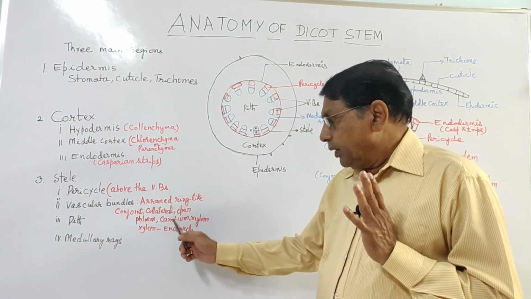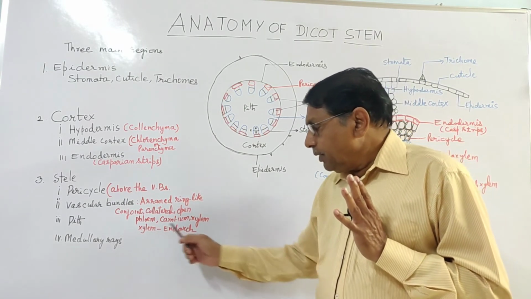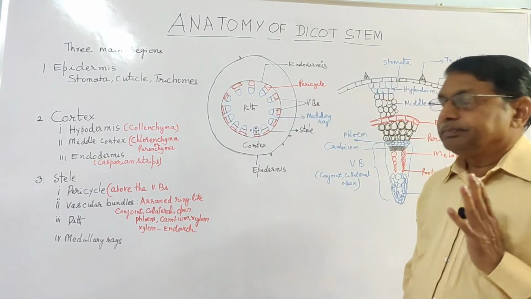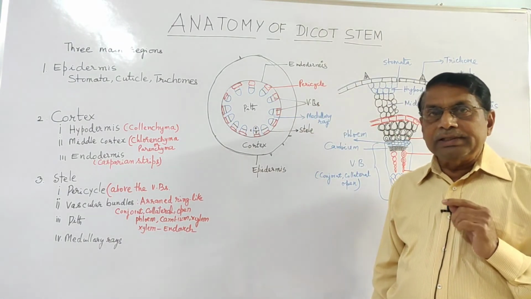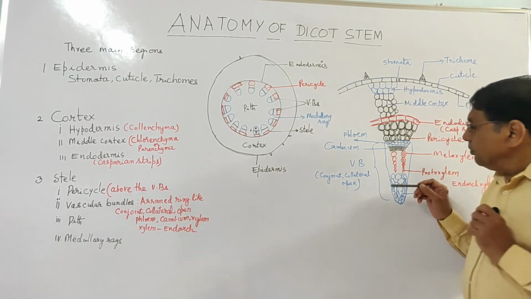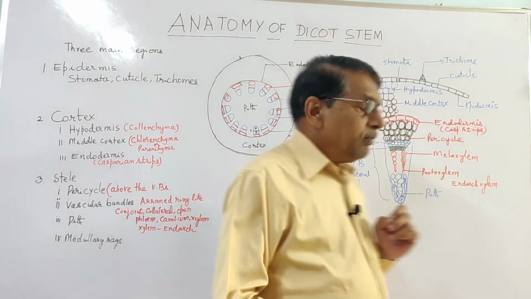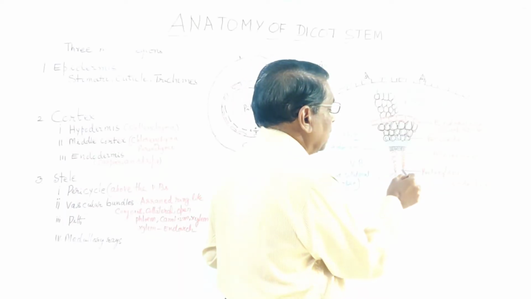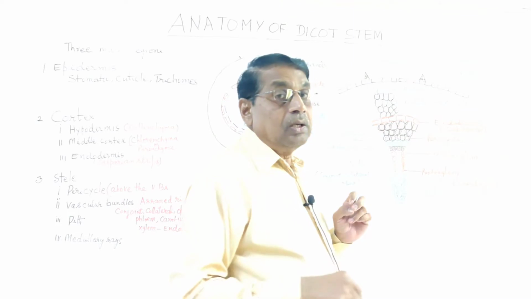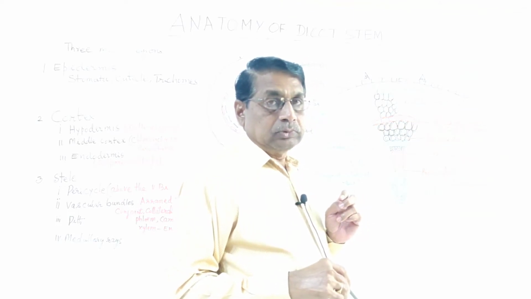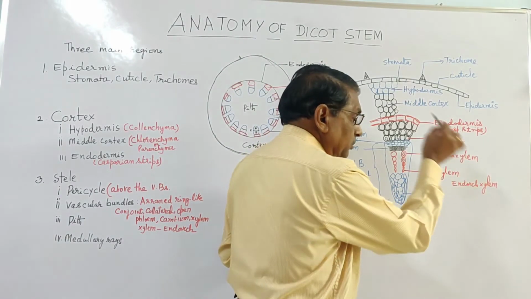Then phloem, cambium, xylem. Xylem is endarch. So in xylem you will find 2 types. The smaller vessels are known as protoxylem. These are small, towards the pith side. Then the larger ones are metaxylem.